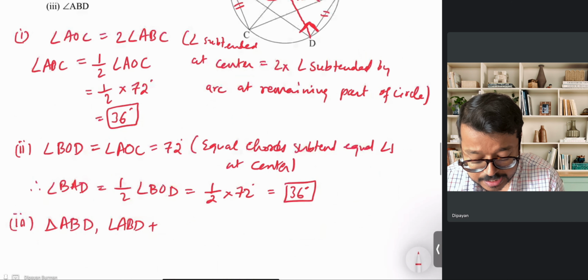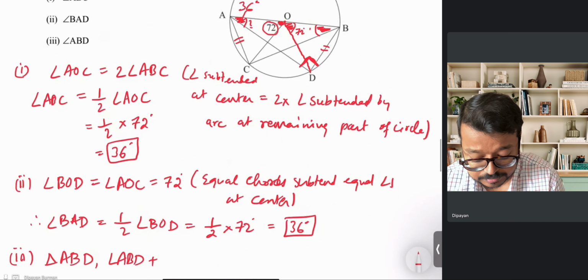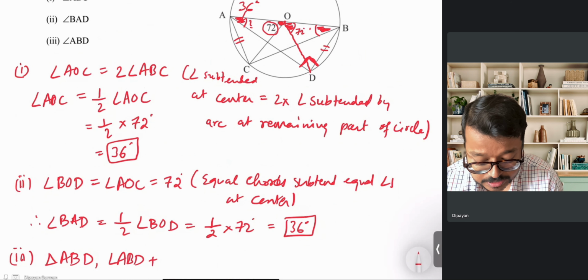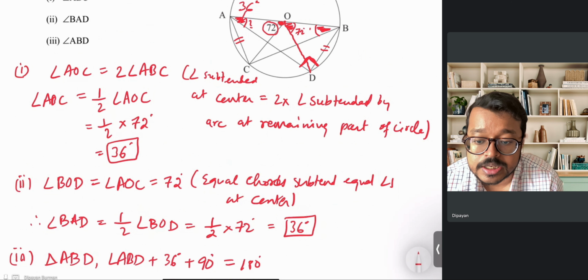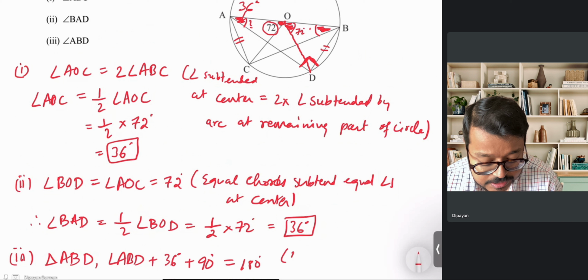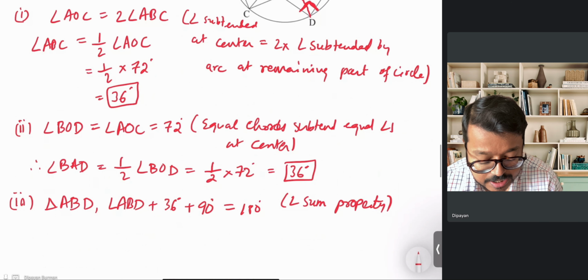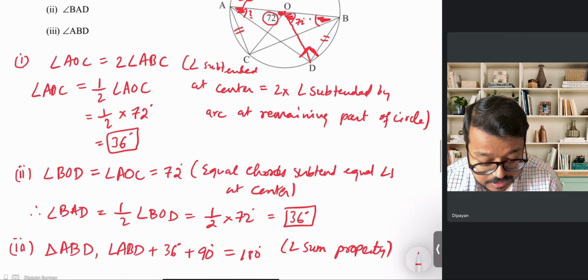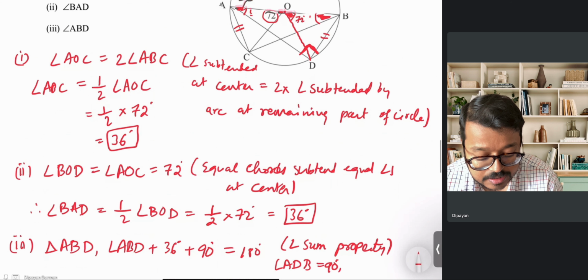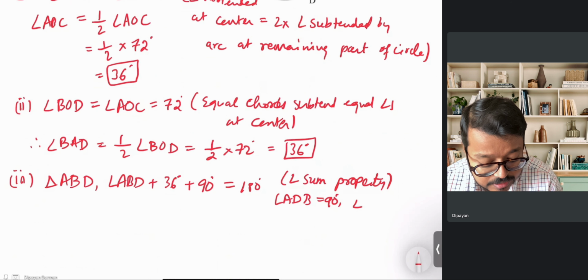So angle ABD plus the other two angles, 36 degree plus 90 degree, will be equal to 180 degree. So here the reasoning, one is anyway angle sum property, and the other reasoning is that I have used angle ADB equal to 90 degree, and the reason here was this is an angle in a semicircle.